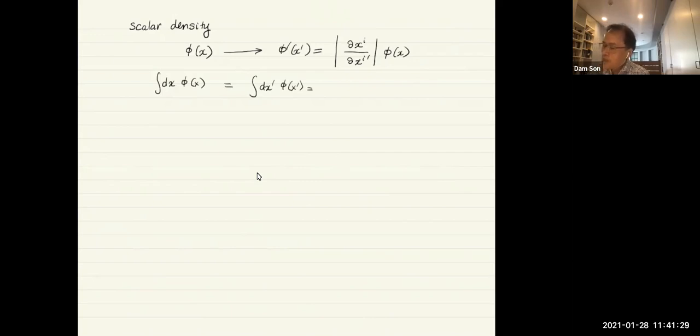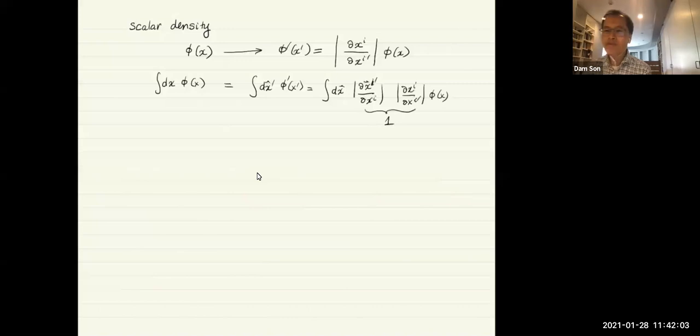So here, the reason why that's so: you recall that when we go from x' to x in the integration, we need to put in a Jacobian. This is the Jacobian of the transformation from x' to x. φ'(x') is again this Jacobian, but it's the reverse Jacobian. The product of these two Jacobians is 1.